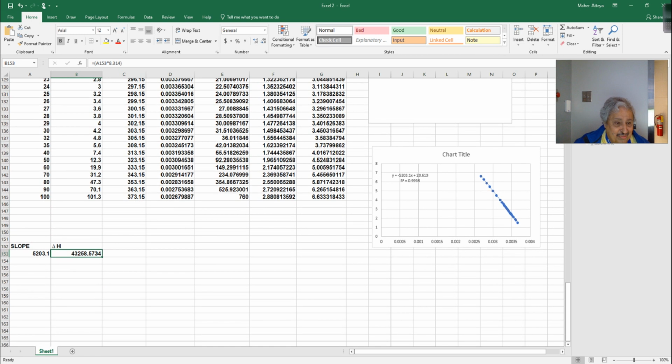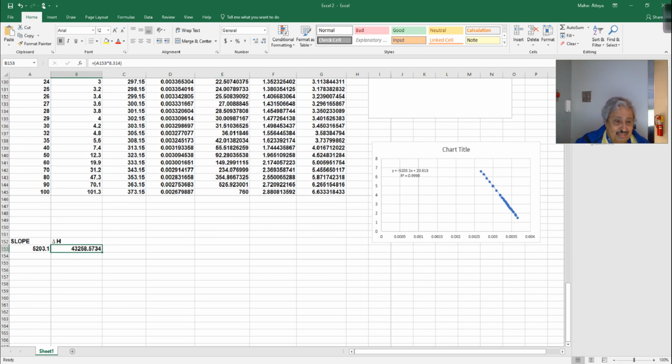Now put it here, I'll put this one here, a box. Tell me this one here in what? This one here is in joules.